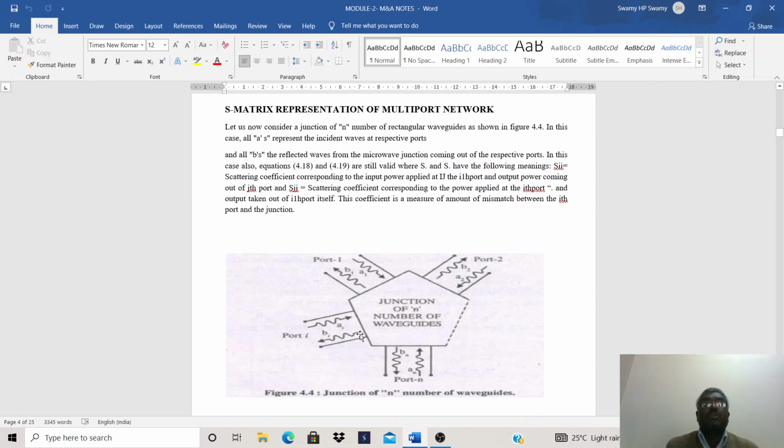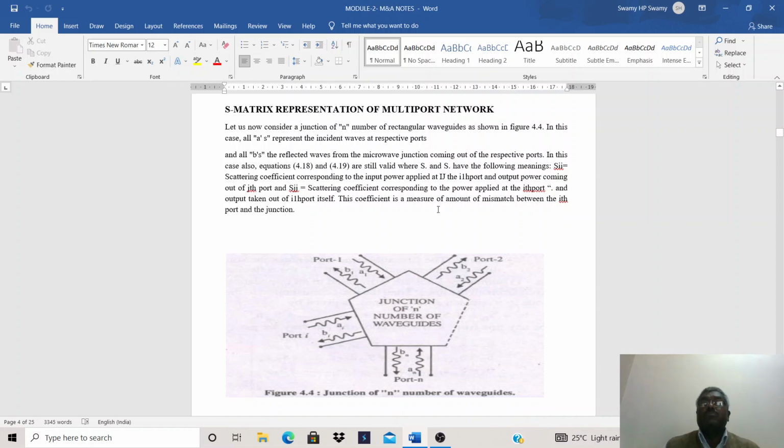In this case also, we are still valid where Sij and Sii have the following meanings. Sij means the scattering coefficient corresponding to the input power applied at the Ith port and output power coming from the Jth port, and Sii is the scattering coefficient corresponding to the power applied at the Ith port and output taken from the Ith port itself.